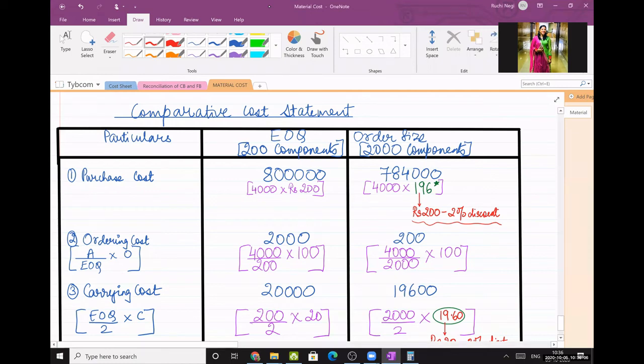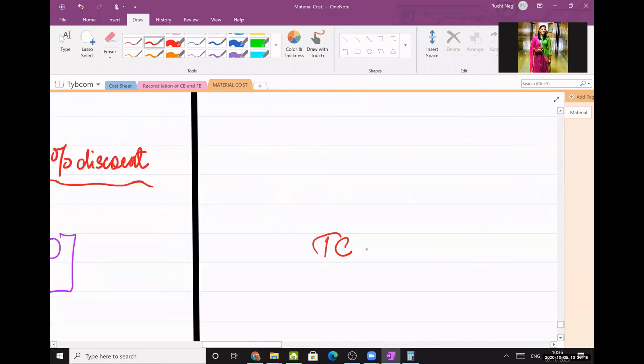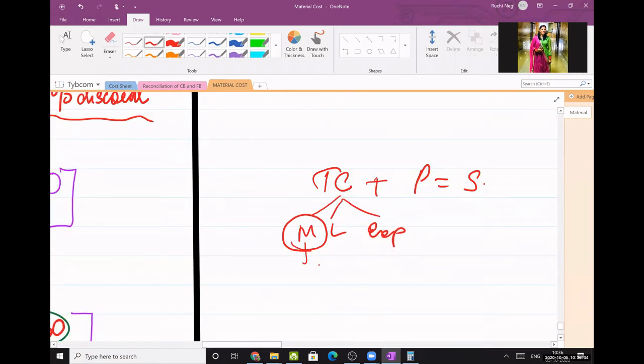Okay, now listen. What am I calculating? I'm calculating total cost. Total cost of what? In every chapter of cost accounting, which formula? Total cost plus profit is equal to sales. Correct? And in total cost we have material, labor and expenses. Correct? And right now we are studying material costing. So what is total material cost?